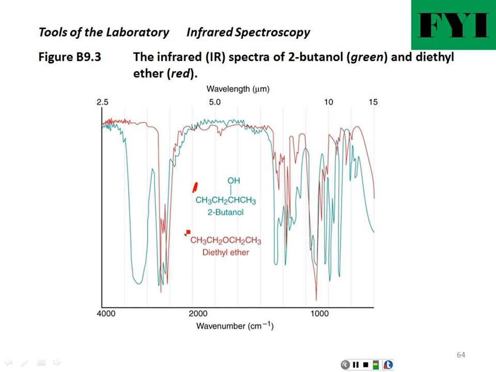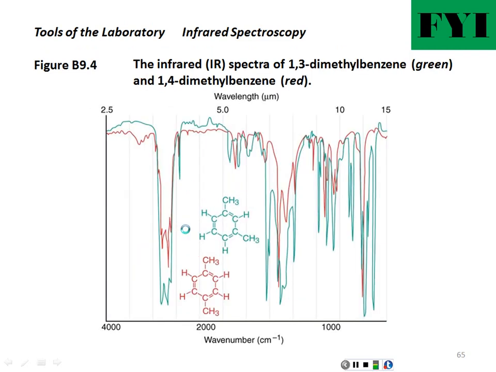They give different spectra, even though they have the same molecular weight, the same exact atoms in each molecule. Here's another example of that. We have very similar molecules. The difference in them is the position of this methyl group. And you see, again, they give different IR spectra.